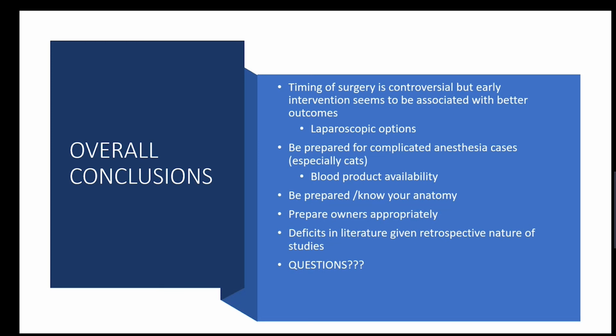And if we can intervene earlier, there may be more minimally invasive or laparoscopic options available to us. Certainly being prepared for complicated anesthesia cases, especially in cats, having treatments for hypotension and blood products at your disposal is important. Hopefully, by being prepared and knowing your anatomy, you're going to have less anesthetic time and potentially a smoother surgery.